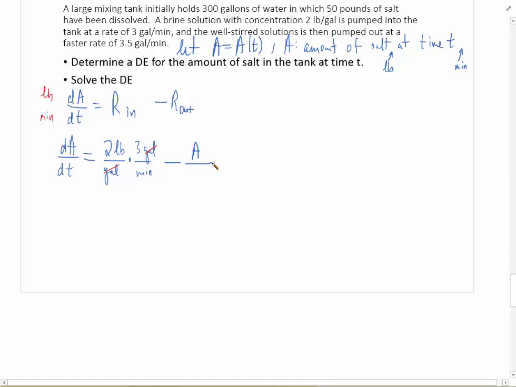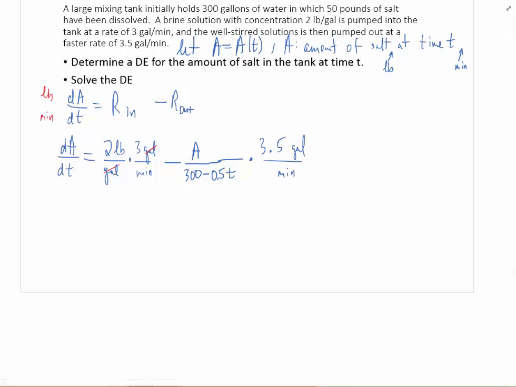So the volume of the tank starts at 300 gallons and is reducing by a half gallon per minute. 300 minus 0.5t. That's the volume in the tank at any time. All right, so what's leaving the tank? A pounds per 300 minus 0.5t gallons, and it's leaving at a rate of 3.5 gallons per minute.